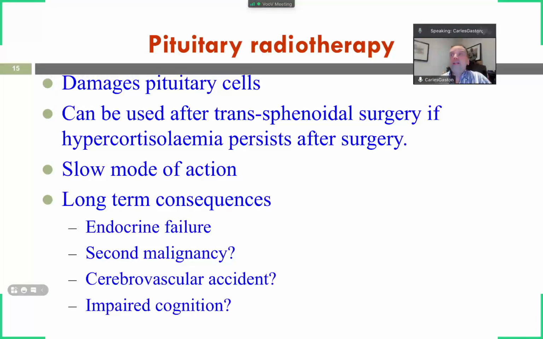In some instances, radiotherapy after surgery can lead to second malignancy, i.e., the tumor becoming more aggressive. It can produce cerebrovascular accident or breakage of the blood system in the brain, and it's been shown in several studies that it can affect cognition.